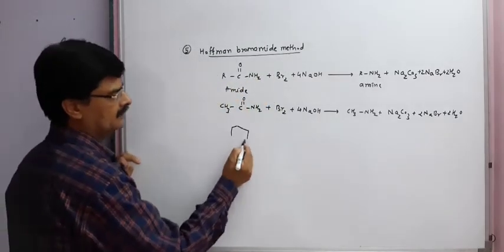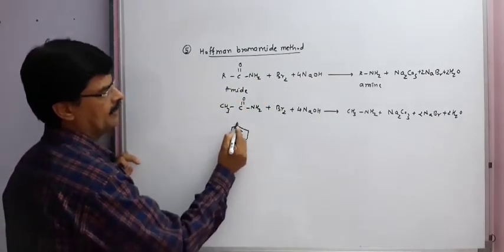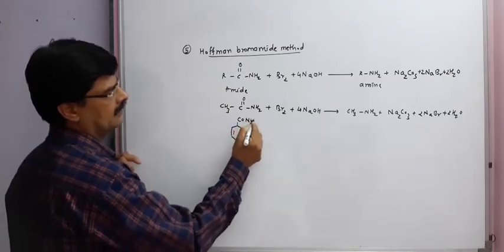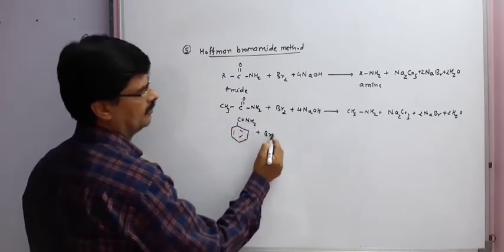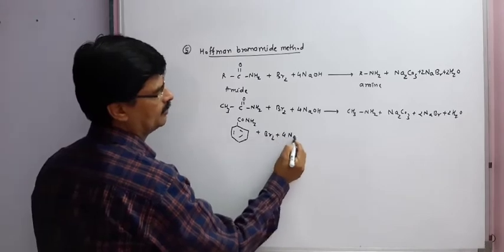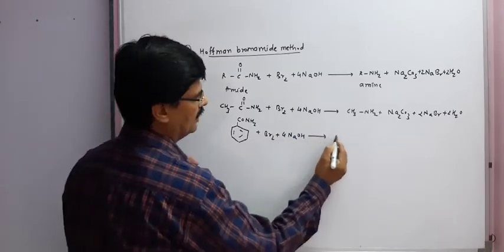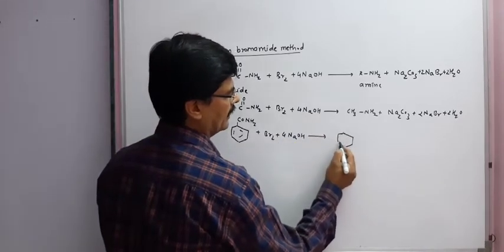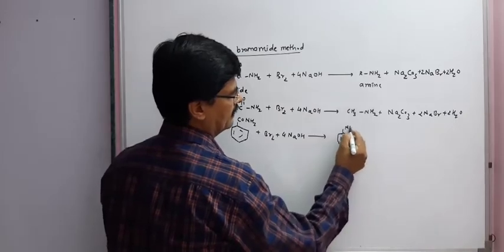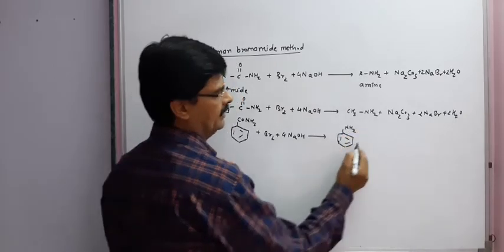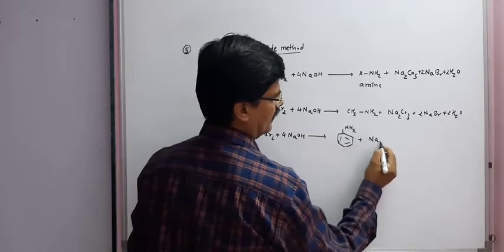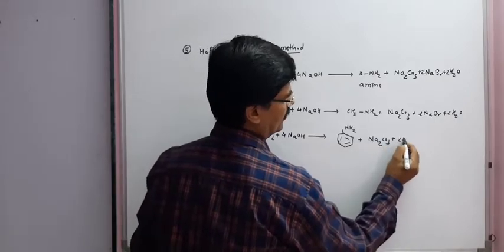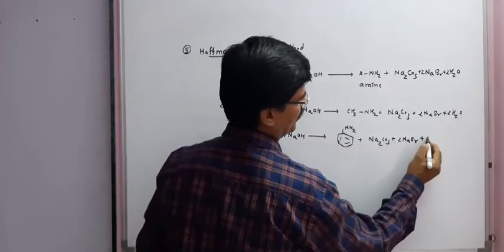If we have aryl amide plus bromine plus 4NaOH, it will also give aniline plus Na2CO3 plus 2 NaBr plus 2H2O.